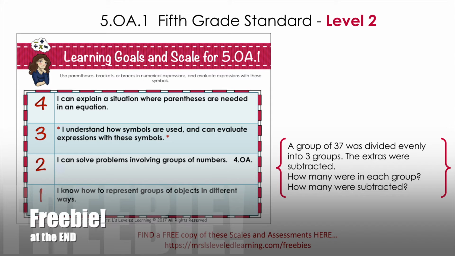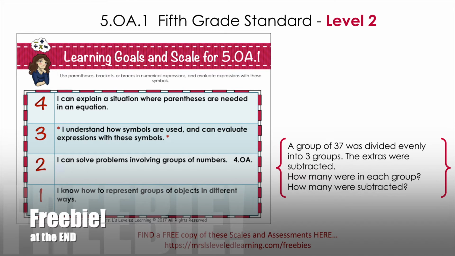That seems really obvious now, but as soon as you move up to level 3, where students are adding, subtracting, multiplying, and dividing within brackets and braces, they're going to very quickly get confused about what to do first, second, and third. So you want to remind them how to pay attention to the order of operations when it comes to multi-step problems. And this is an example.